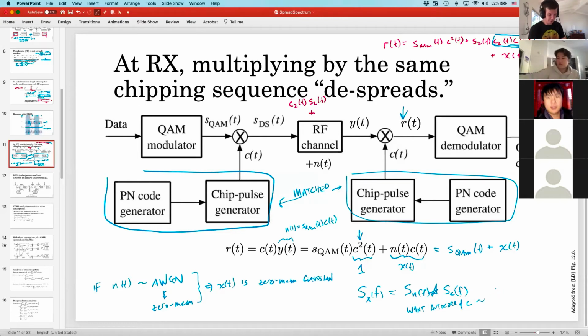This is just a rehash of you'd like them to look like a delta of t minus some integer multiple of the symbol period. Okay, so if you were able to make your chipping sequence have that kind of autocorrelation, then you would just get copies of the S of n because you'd be convolving with deltas.